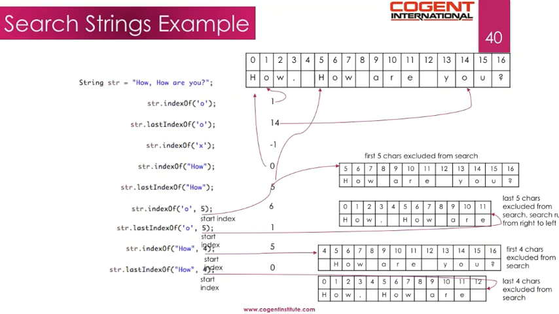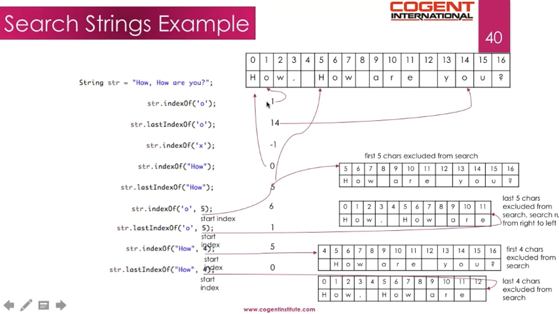Let's look at search strings example. We have string str which is assigned the literal "how, how are you?" Here is the representation of the string literal with the indices to easily know which character is at what index. str.indexOf('o') will find the first occurrence of the character o in the string object.